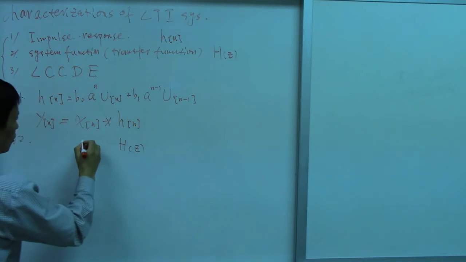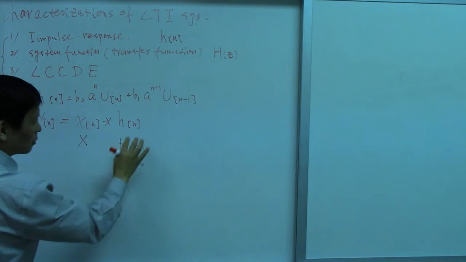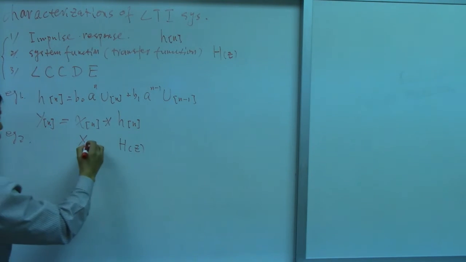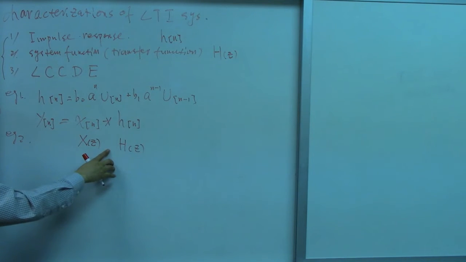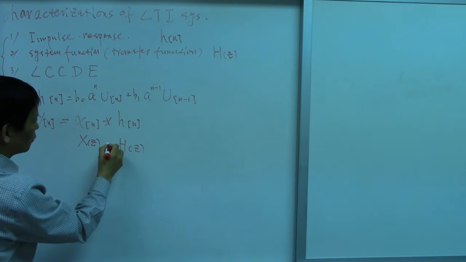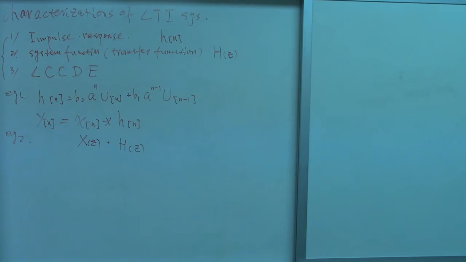Step one is we calculate the z transform of the input, which is represented by capital X(z), and we are given the system function. Then what is the operation here? Instead of convolution, it will be just ordinary multiplication. Okay, we multiply these two.